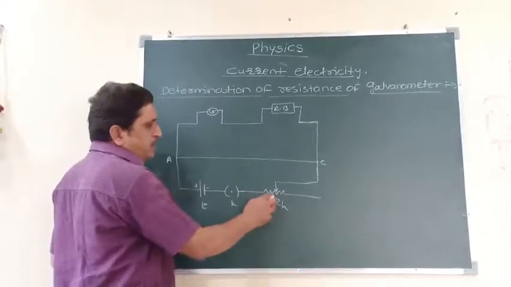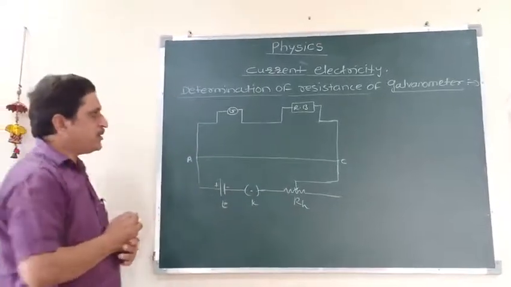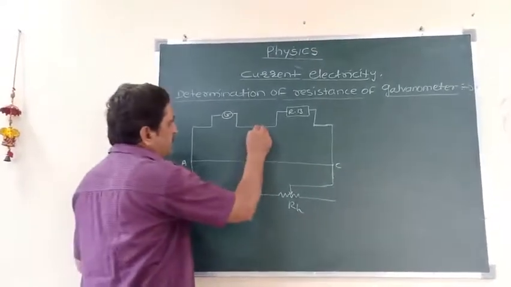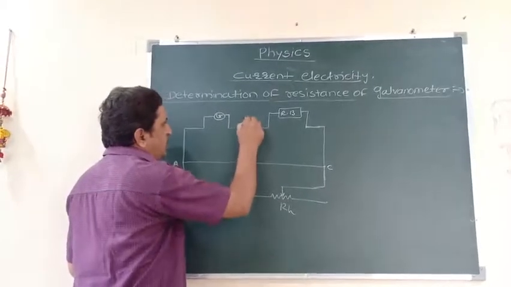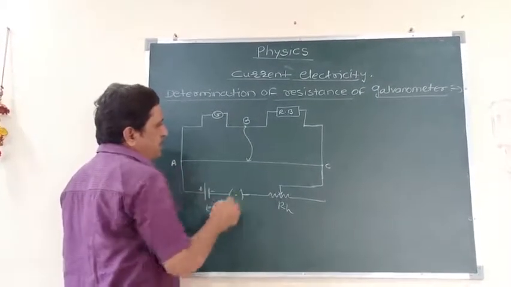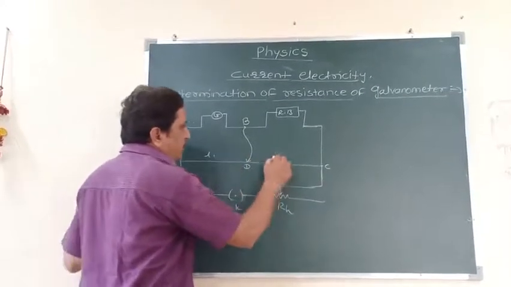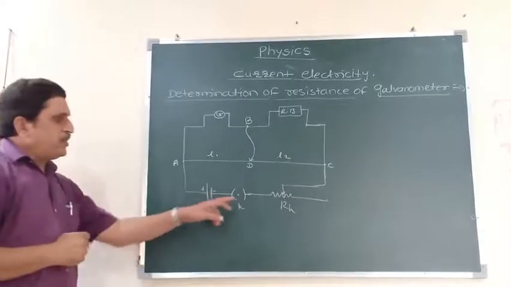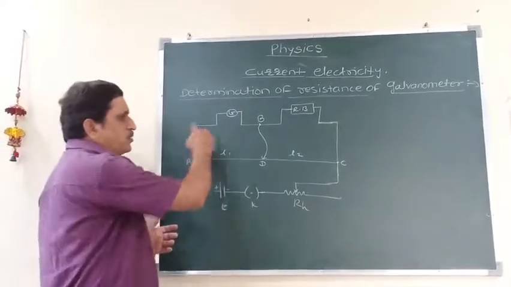Then the rheostat is used here to control the deflection of the galvanometer. And one more thing is that here the sliding jockey is directly connected to the point B of the meter gauge. Now, when this key K is kept closed, then current will flow through the circuit.